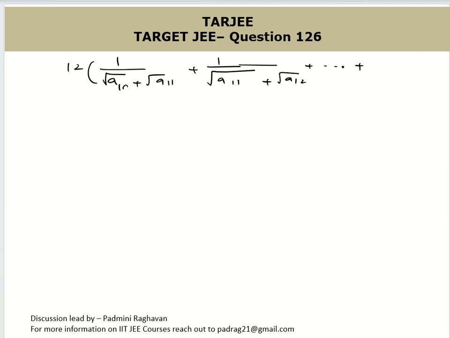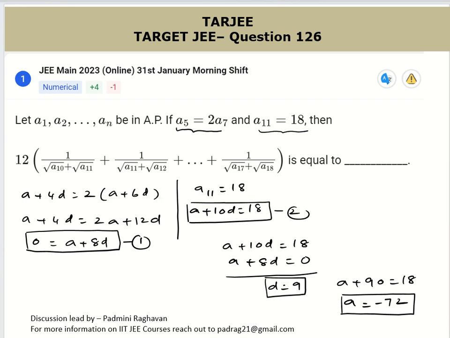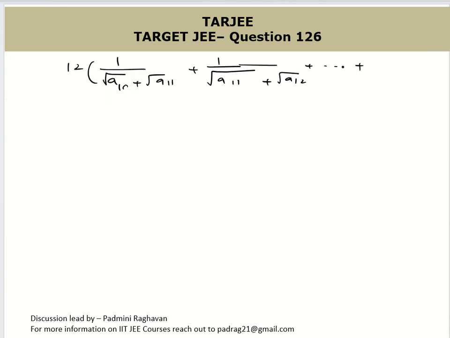Let us have a look at the last term. The last term is 1 over root A17 plus root A18. So we'll multiply and divide by the conjugate as we always do.